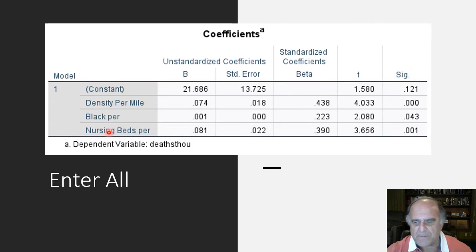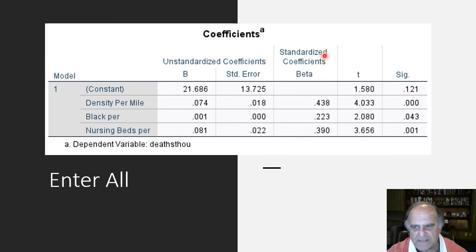And the nursing beds per 100,000, the B is 0.081. And here we have the standard errors. And again, you can't really compare these B's because the units within each of these 3 independent variables are different. For importance, it's a little bit easier to look at the betas.